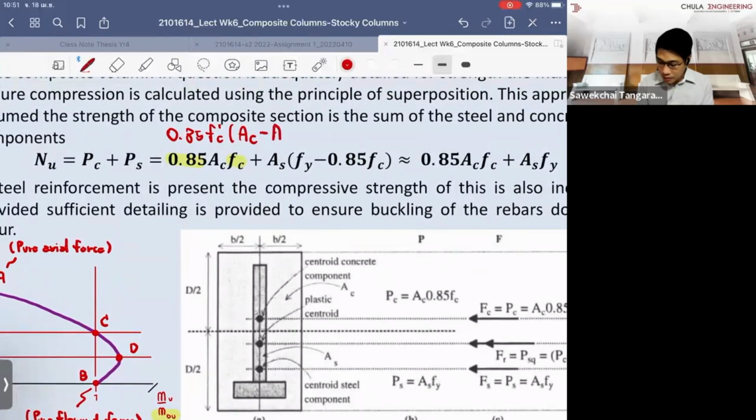You have the steel area here, and you add the full strength, which is the yield strength developed throughout the steel cross section, times As, right?